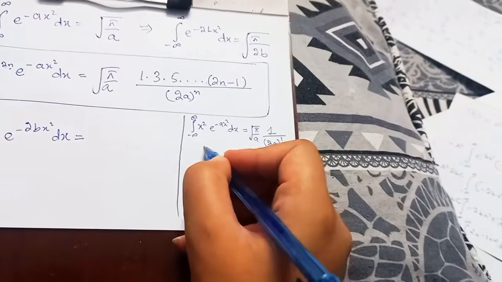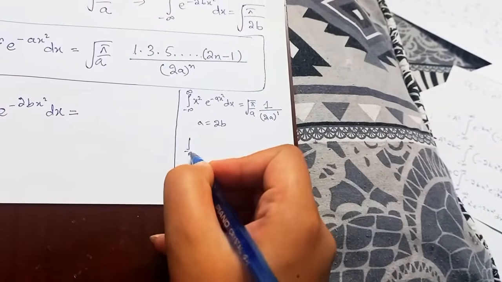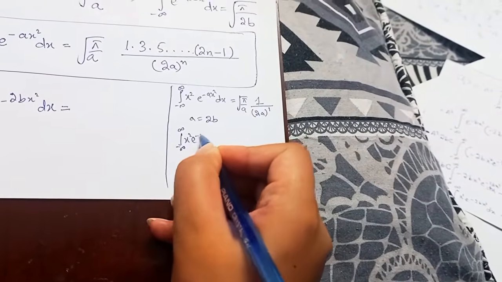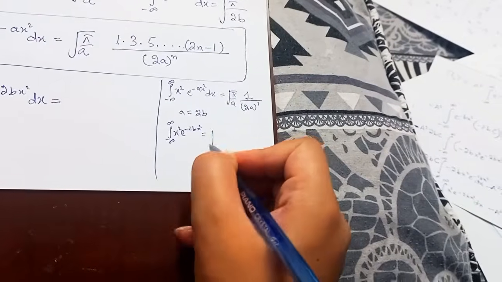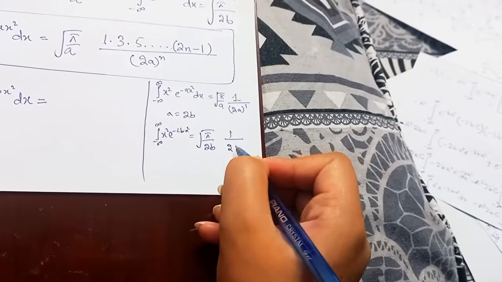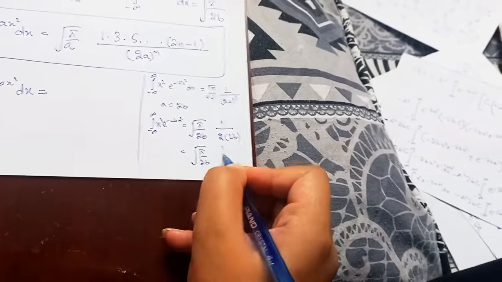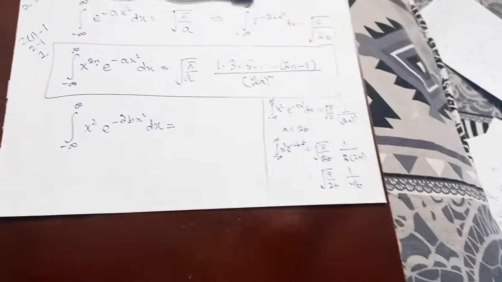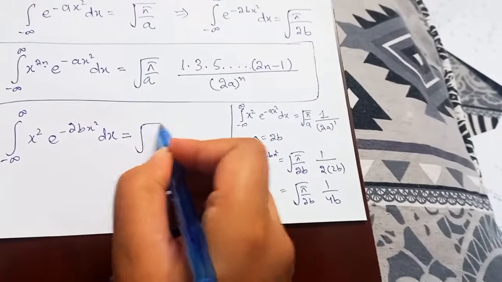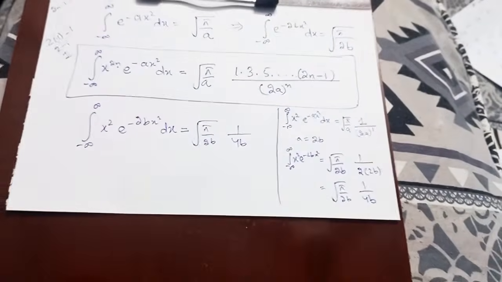And we have a equal to 2b in our case, so in place of a, you have to simply insert 2b. So 1 over 2 into 2b, pi over 2b, it's 1 over 4b. This is its value. Only these simple modifications will give you your required result.